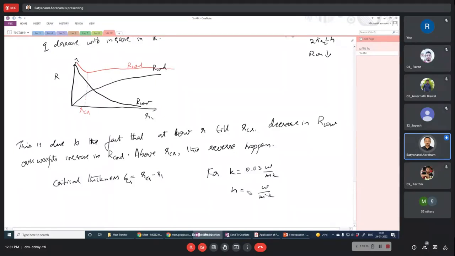At minimum we have an H of 5 watt per meter square Kelvin if we have natural convection. Can anyone calculate and tell me what the R critical is for this condition?